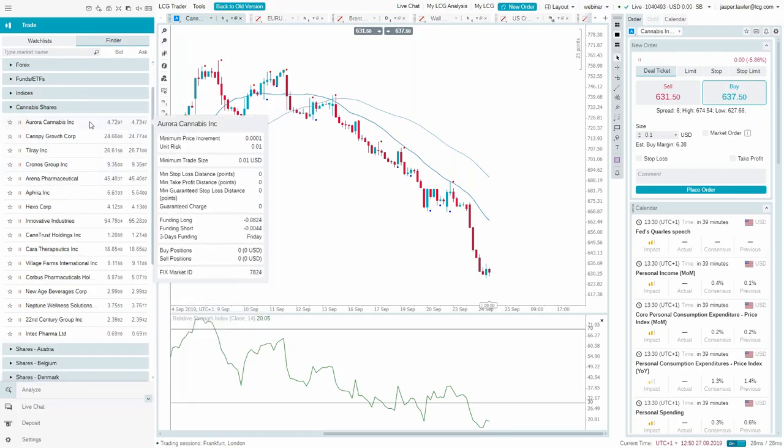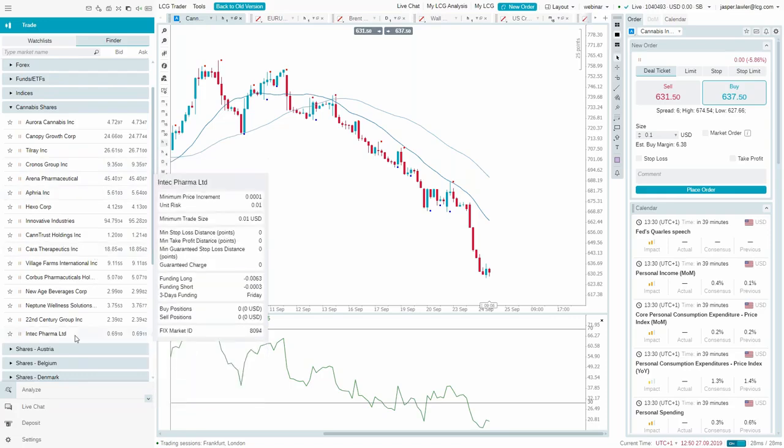And these are, at the moment, we've got 16 of the top cannabis shares. There's a fair amount of overlap between these shares and what's in the index, but not completely. But again, these companies, the idea here is that they are some of the biggest company shares out there.